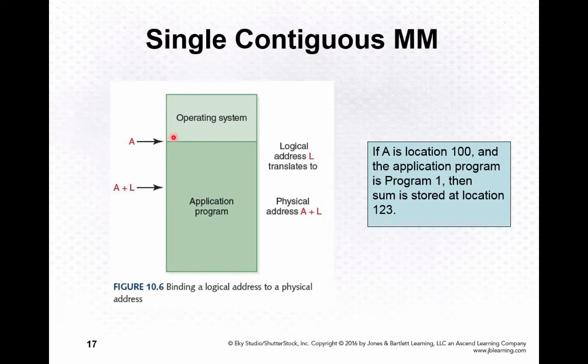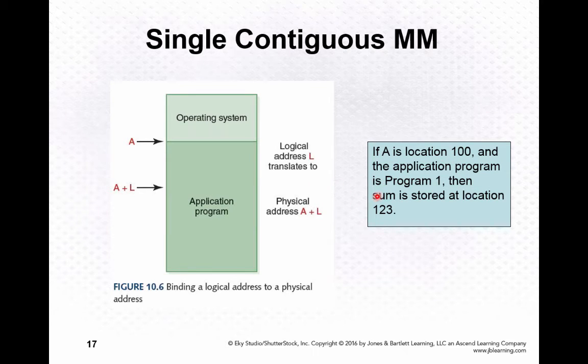If you go negative and you get into this operating system data, you can really screw it up for everybody. So that represents a security problem. So you want to make sure that your logical addresses stay positive and don't go past the end either.